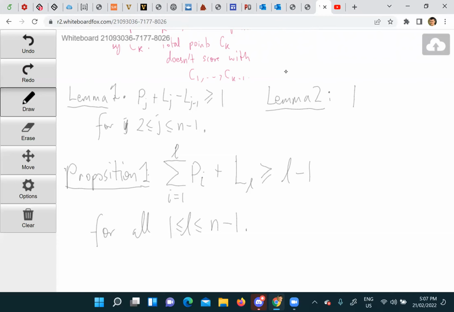What's P again? It's the point source. It's just a random number. It's basically a group of consecutive sections.